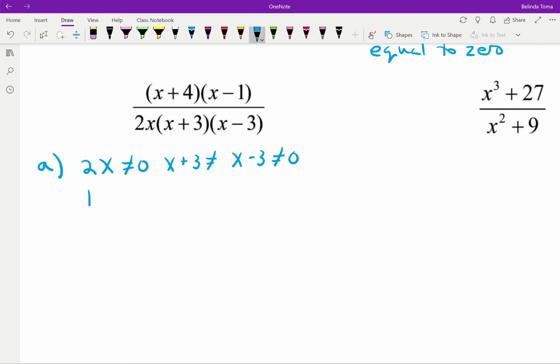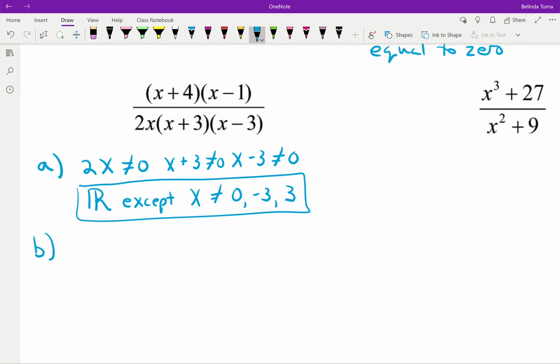So we're going to say that all reals except x cannot equal 0, negative 3, or positive 3. That's going to be our domain.